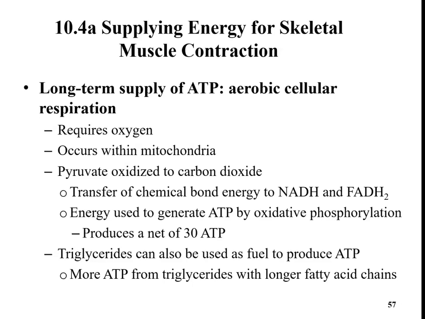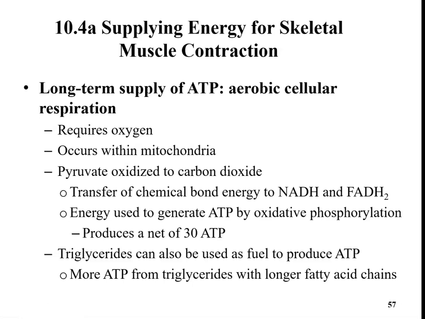Don't forget, though, that muscle also has myoglobin in it, which is an oxygen storage molecule. So muscle's pretty smart. It keeps oxygen on hand just for this purpose, for the long-term supply of ATP. It also keeps glycogen on hand for this purpose, as well as the short-term supply.